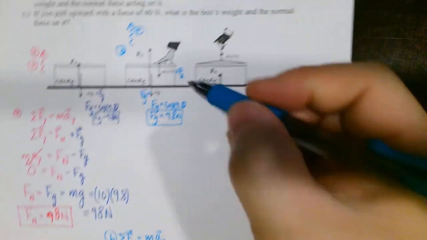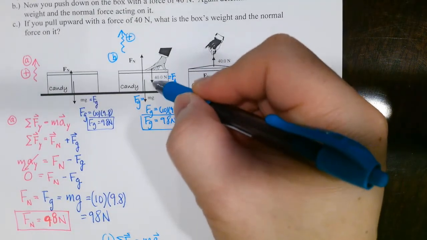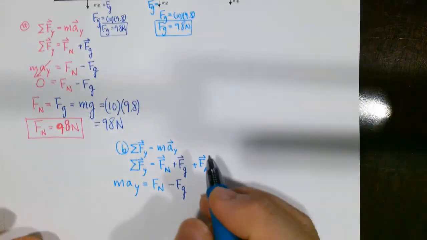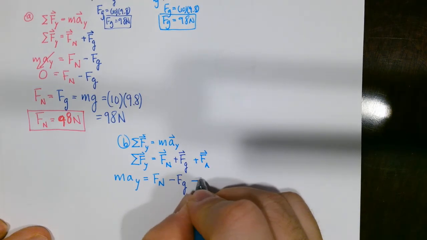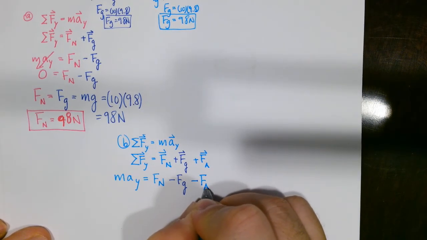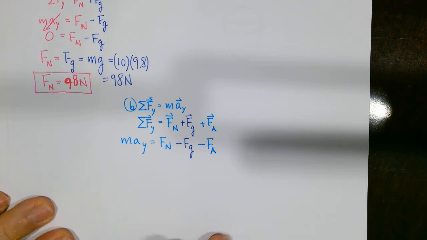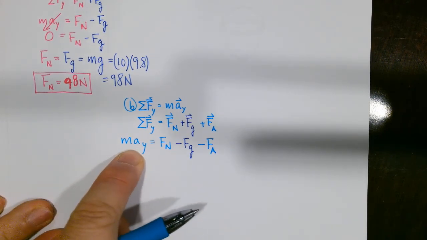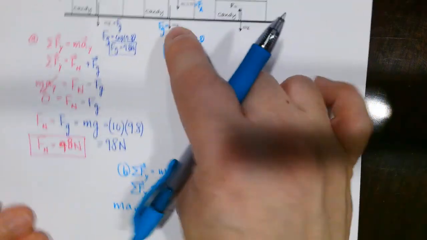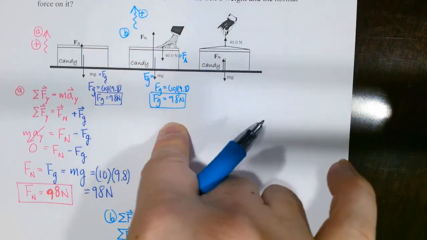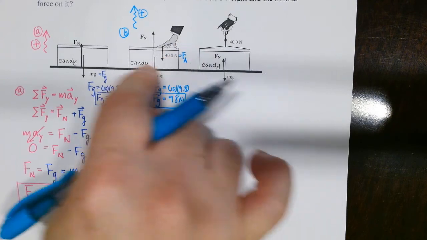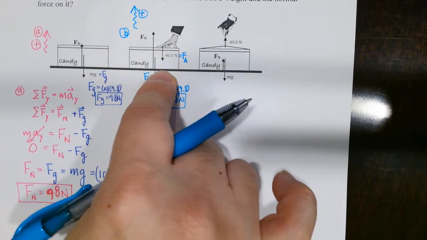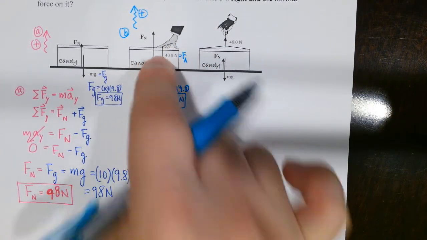Force applied is downward direction of 40 newtons, therefore negative force applied. Again, the candy is not going to be accelerating upwards or downwards. It's standing still on this table, so the acceleration of this candy is 0.